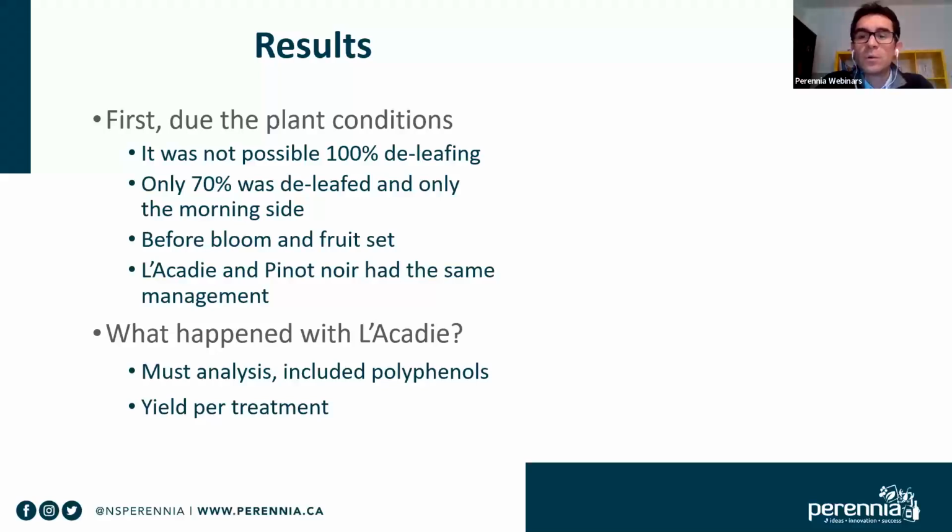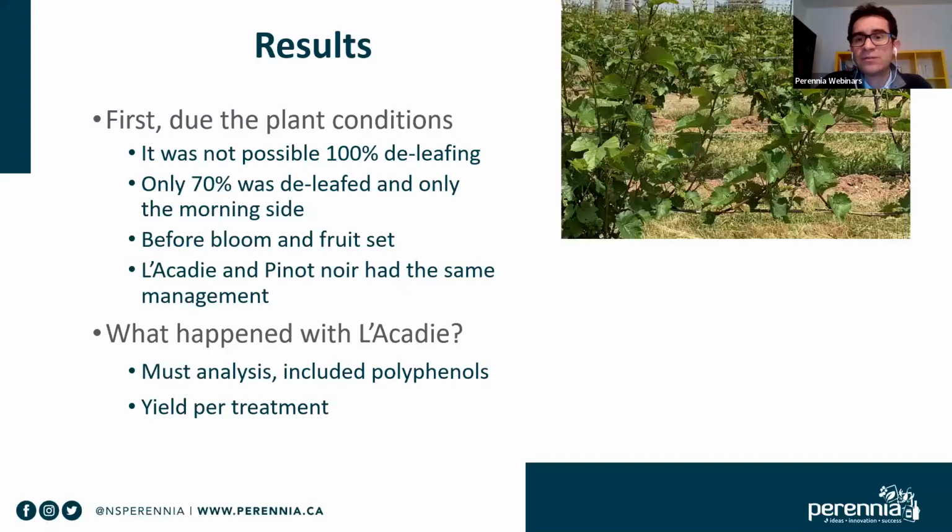So first of all, as I already mentioned to you, we wanted to eliminate 100% of leaves. We didn't want to leave anything there. But due to plant conditions, that was not possible. So we only eliminated 70% and only one side, and we chose the morning side. As you can see in this photo, there were a couple of shoots in many different places, and it was not so much canopy.